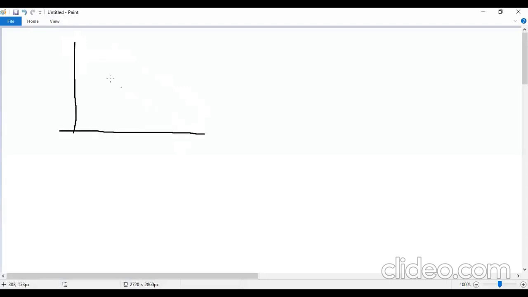If we had a function, the idea of the derivative is: if I had an x value here, then at this particular x value, what is the slope of the line that is tangent to that point?